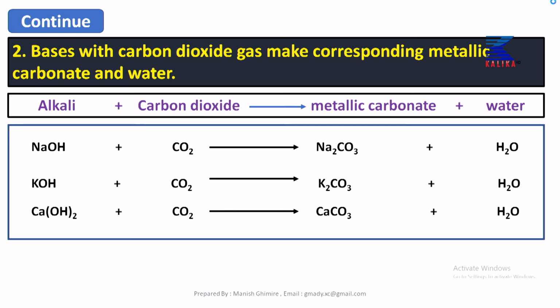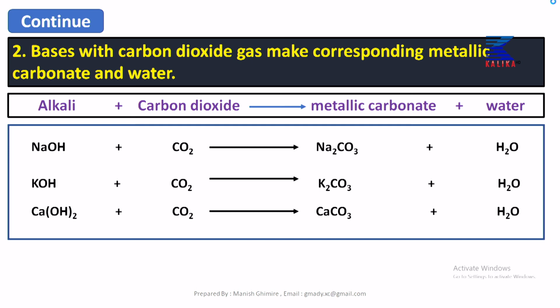Chemical properties number 2. Bases with carbon dioxide gas make corresponding metallic carbonate and water. See the second reaction, let me talk about that. Base plus carbon dioxide gives metallic carbonate plus water.